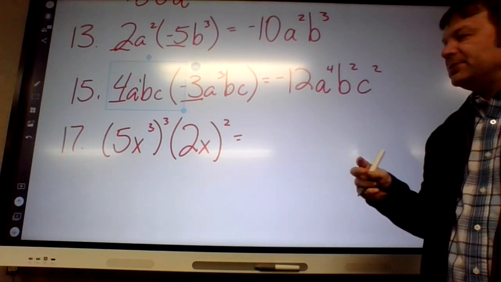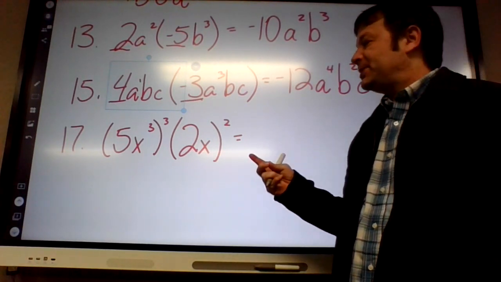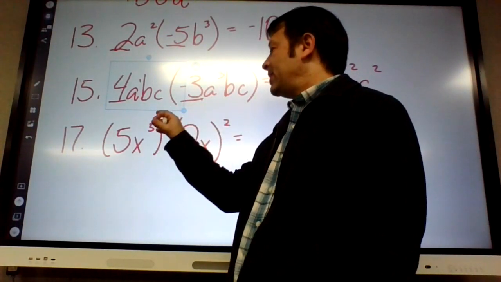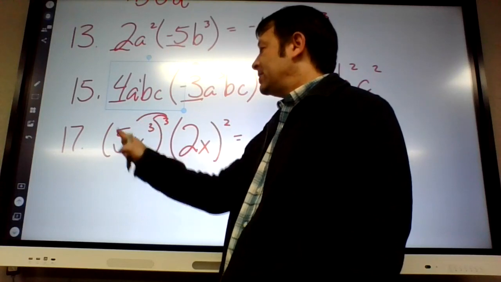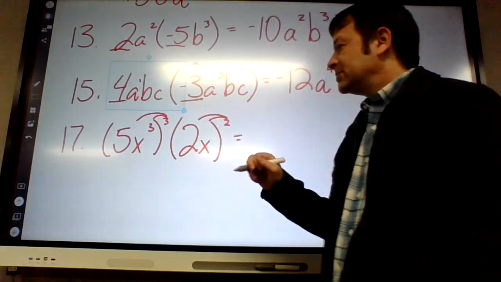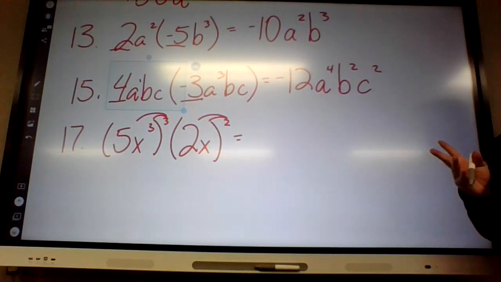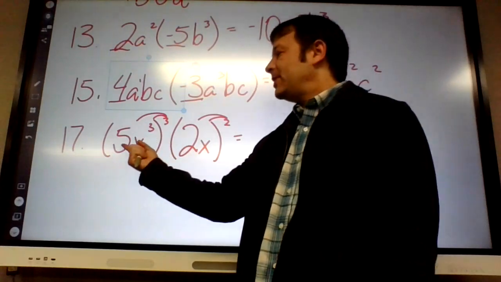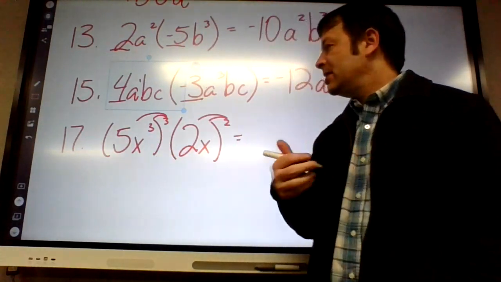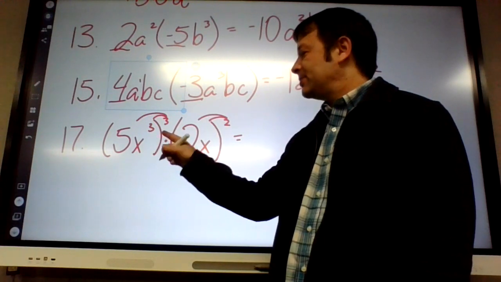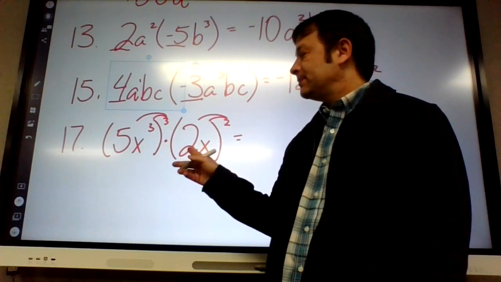Okay, so what comes first, exponents or multiplication? Exponents. So what that means is we're going to have to cube this and square this. We can't really do anything inside parentheses. 2 times x doesn't simplify, 5 times x cubed doesn't simplify. So the next thing is exponents, and then the last thing is the multiply between these two.